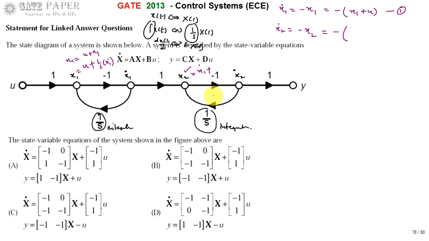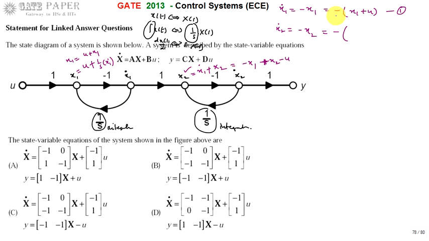The dot is differentiation and 1 by s is integration, so both cancel and you get x2 itself. But x1 dot is already defined as minus x1 minus u. So from equation 1, x1 dot is minus x1 minus u, and I replace that x1 dot and add x2, so that you can write the A matrix directly.